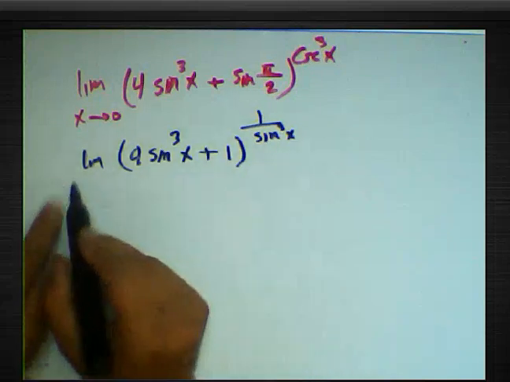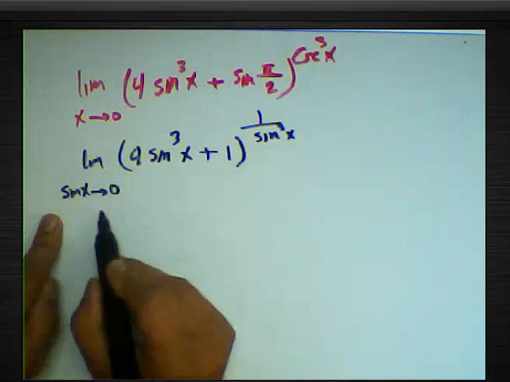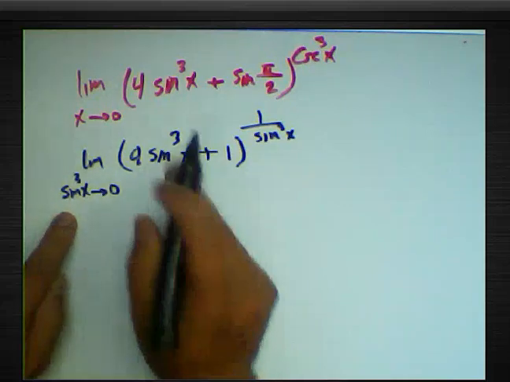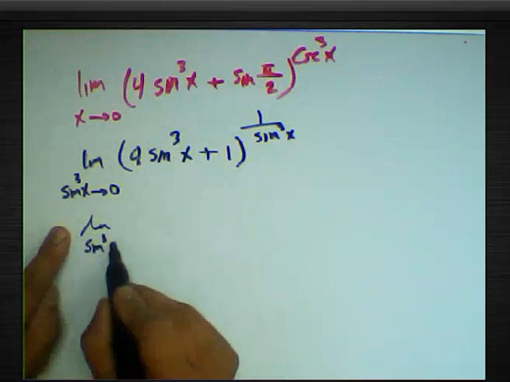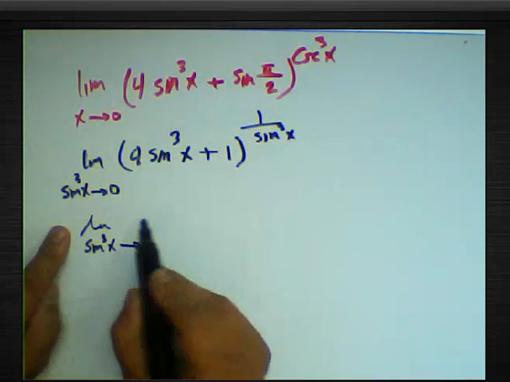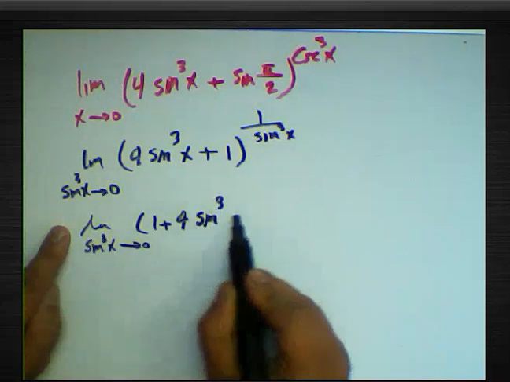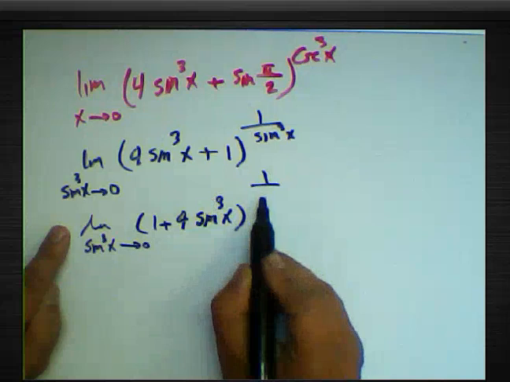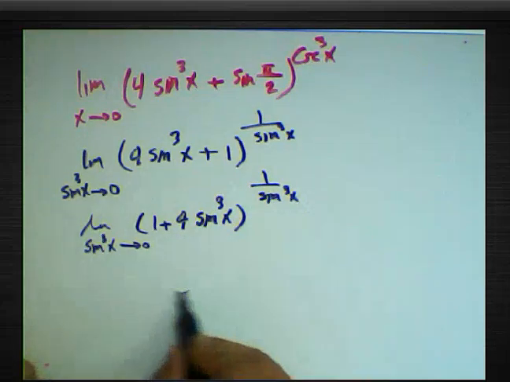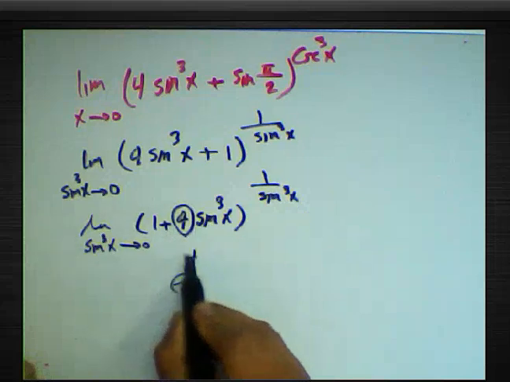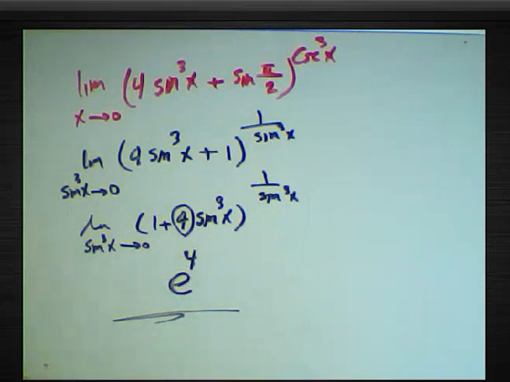And if we put sin x equals sin 0 equals 0, and power 3 here, it's like it. You can write the limit when sin³x goes to 0 of (1 + 4 sin³x)^(1/sin³x). So the result will be e to the power of the coefficient here, 4. You must know this rule and pay attention to the details of all steps.